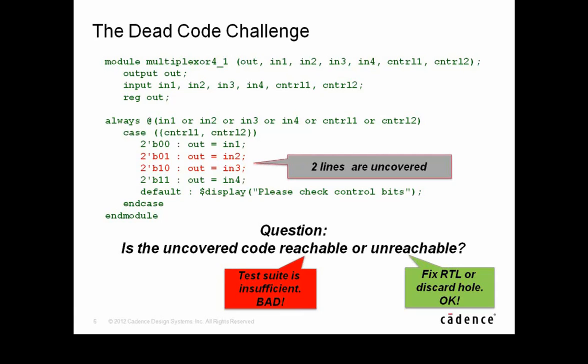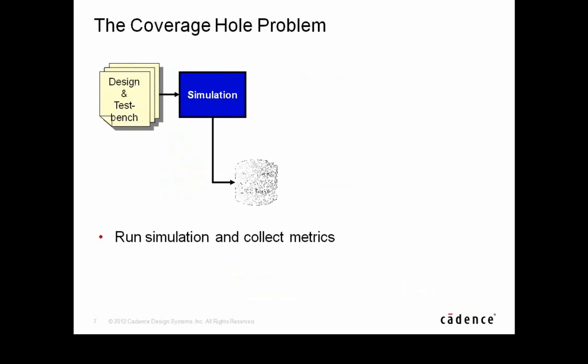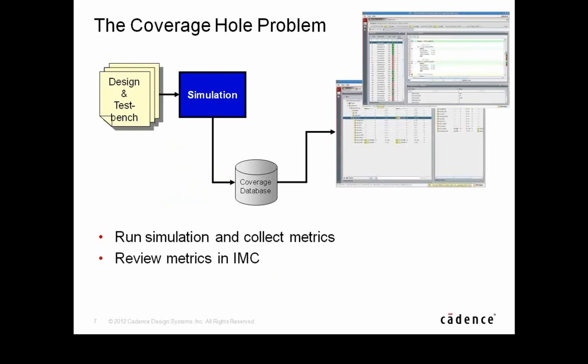It's expected. Or there's a design bug which causes this unreachability, and then you go and fix it. So how do you get this information? You run your simulations, you dump coverage in the coverage database, and this is your normal coverage simulation flow. You look at the coverage in your coverage.